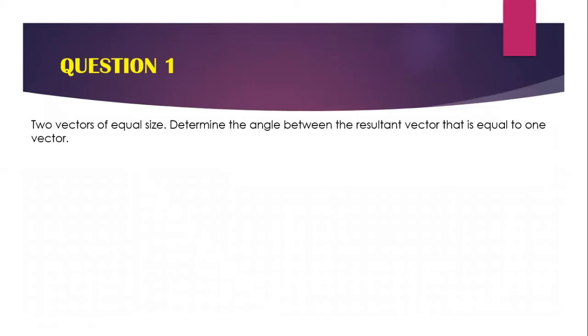Okay, question 1. Two vectors of equal size determine the angle between them such that the resultant vector is equal to one vector. For the resultant vector, you have the formula like this, right? Let's say this one is vector A, and this one vector B. Clear?